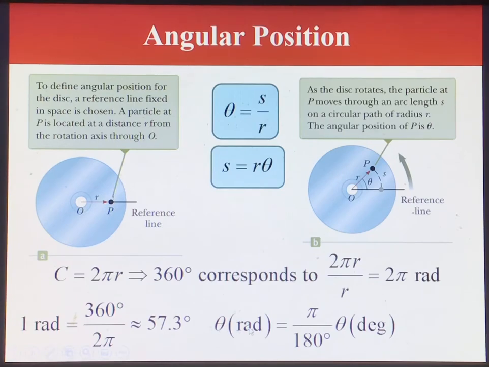Theta in radians is equal to pi over 180 times theta in degrees. Notice that for me to use this equation right here, I must convert my theta first into radians before I can use this equation to calculate the arc length. So that is something that you want to keep in mind.